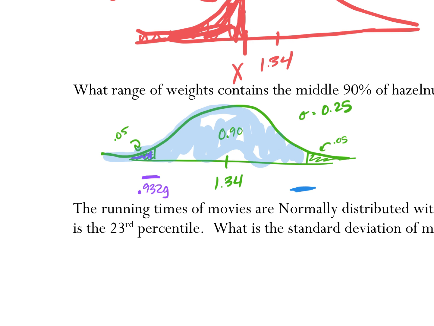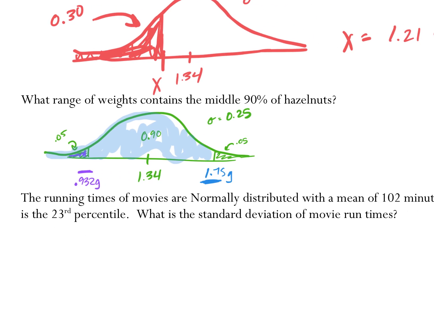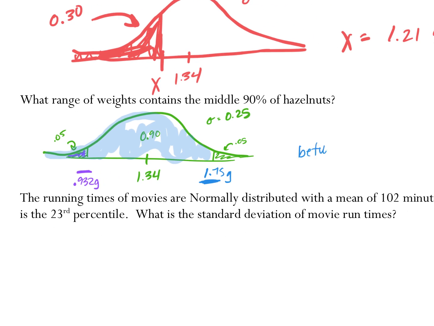Just not everybody's calculator does that. What are we getting? 1.75. So we would say the interval would be between 0.932 grams and 1.75 grams.